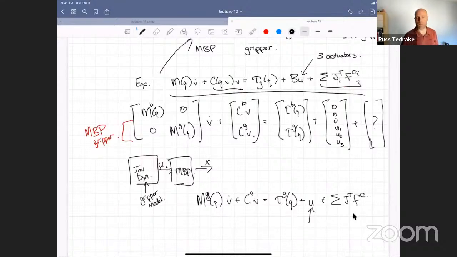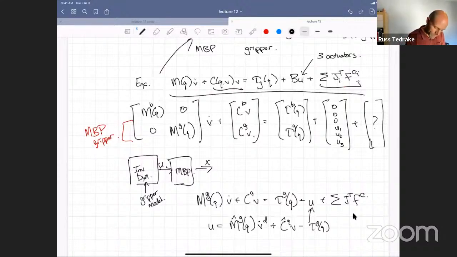So how are we going to choose U to be useful? If I command in my inverse dynamics controller U to be, if I know the model, or if I have an estimated version of the model, something like this, then let's assume that my estimates are very good for a second, and those terms actually cancel out.